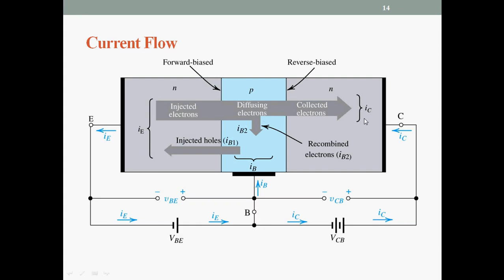Collector current is the current flowing towards the collector, where we can see that there is the collector current, the conventional current shown here, IC, flowing into the collector. The actual electron flow is in opposition, or in the opposite direction, to the conventional current.